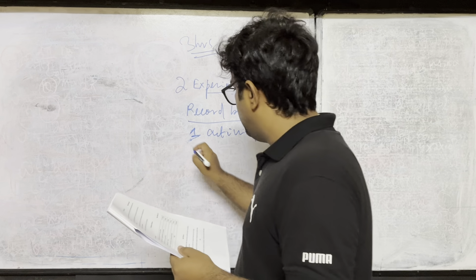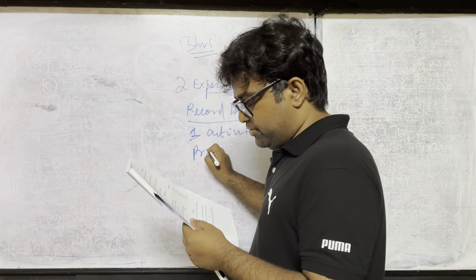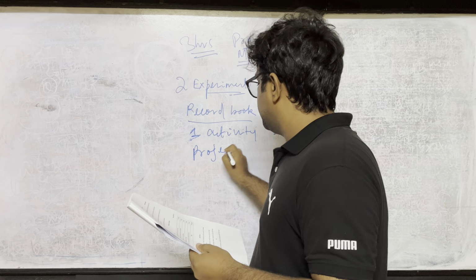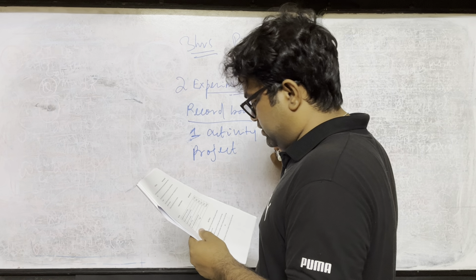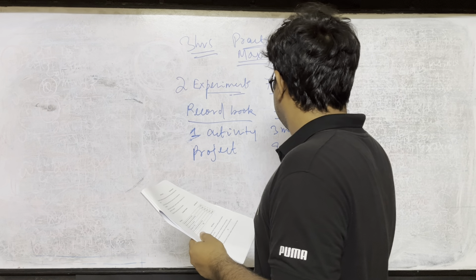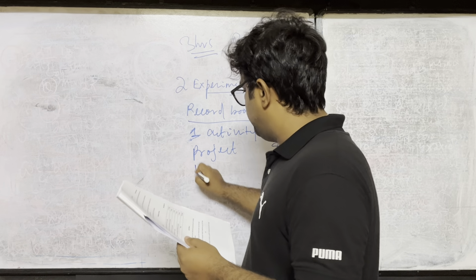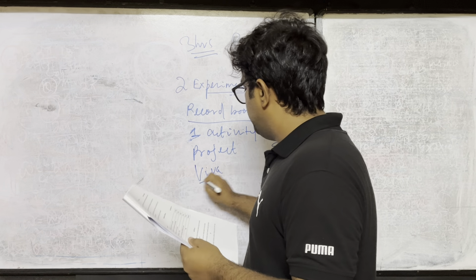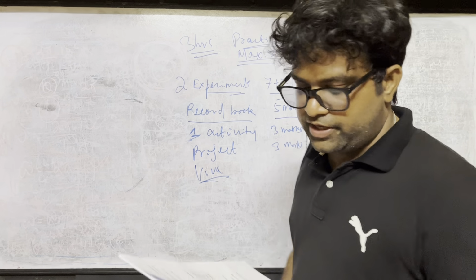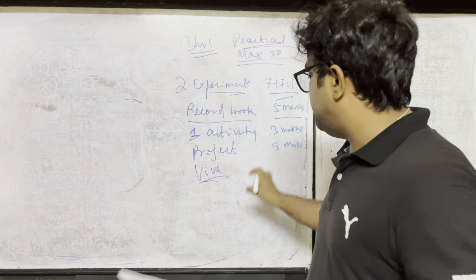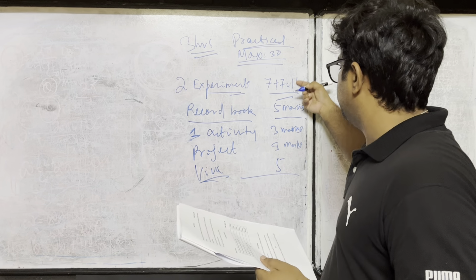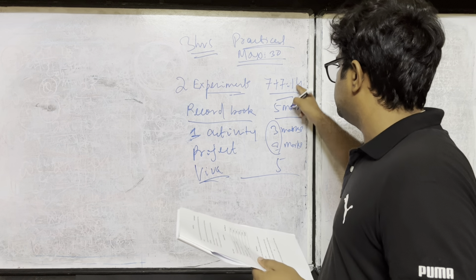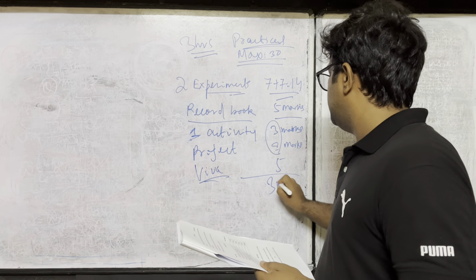Then 1 investigatory project, and the project will also carry 3 marks. Then your viva. Viva will be based on the project, activity and also experiments. So viva will carry 5 marks. In total, 14 plus 3 plus 3 is 20, 25, 30. Total 30 marks.